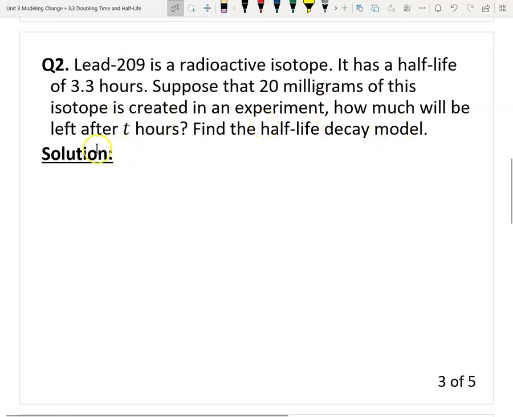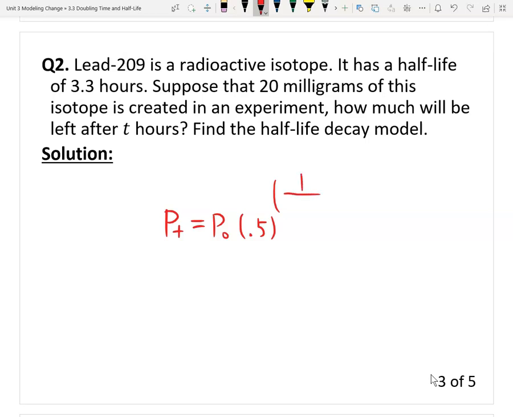How much will be left after T hours? Of course, we need to find the half-life decay model. We need to look at the formula. Okay, let's copy it again. So P of T, the future value, equals P0, the initial, times 0.5 raised to the power of T over T half.